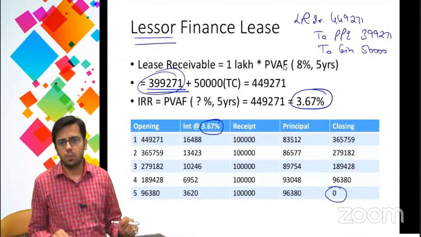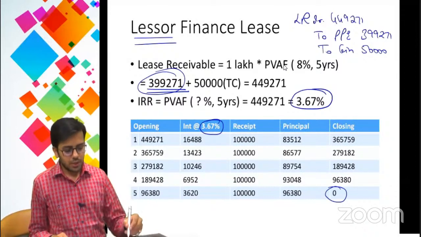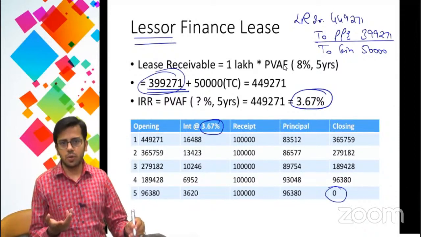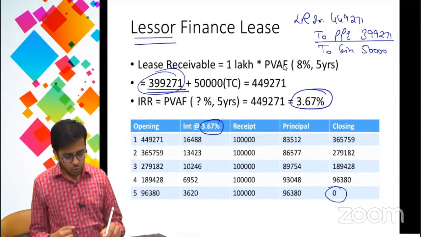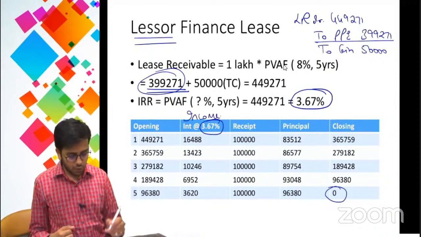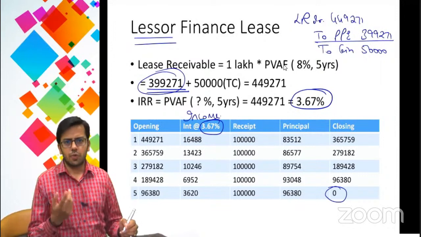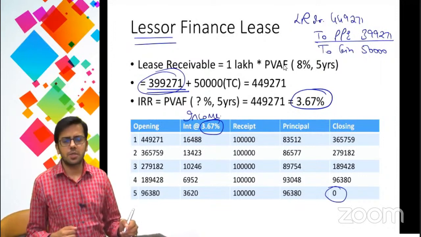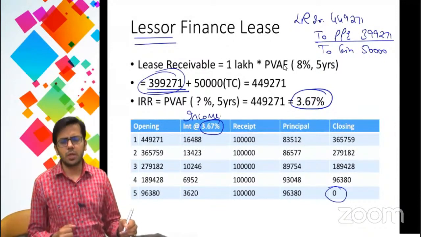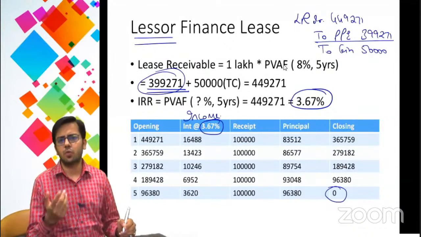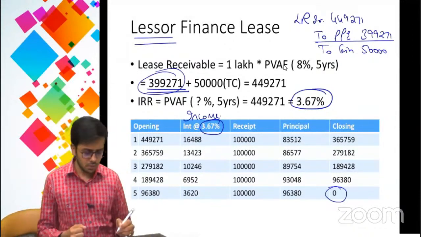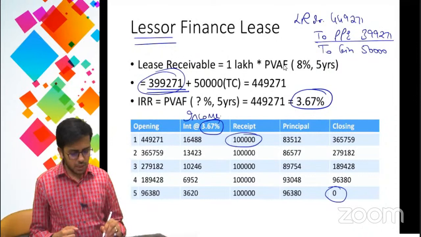Now the presentation in the books of Lessor. He doesn't have the asset anymore in his books, so it is not going to appear in his books. He is going to show interest as income in the profit or loss statement. So first year interest, if we consider 3.67% on 4,49,271, is 16,488. You may calculate it. What he is getting is 1 lakh rupees.